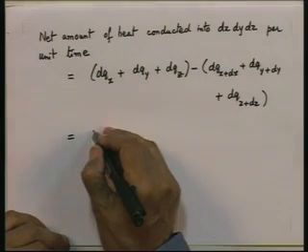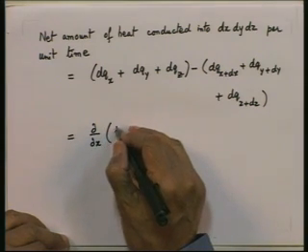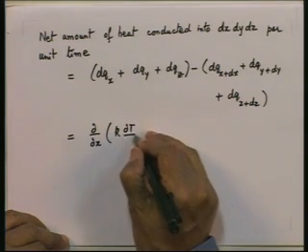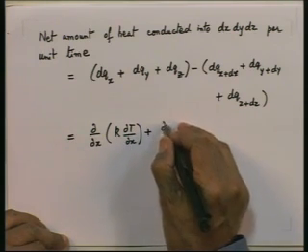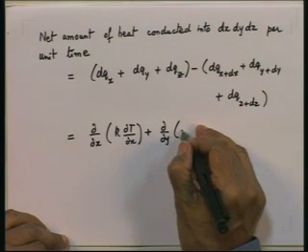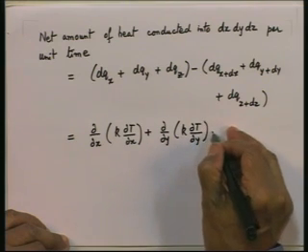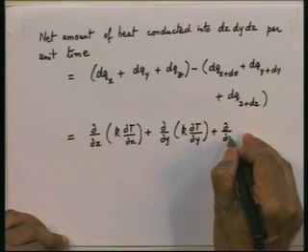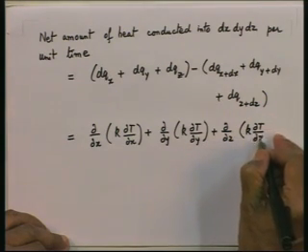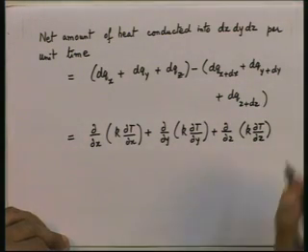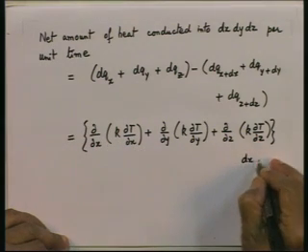d dx, putting in those expressions and cancelling out, we get d dx of k dt dx plus d dy of k dt dy plus d dz of k dt dz, the whole thing multiplied by dx dy dz.